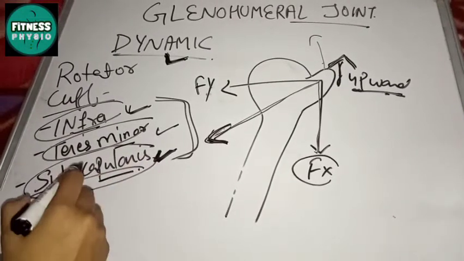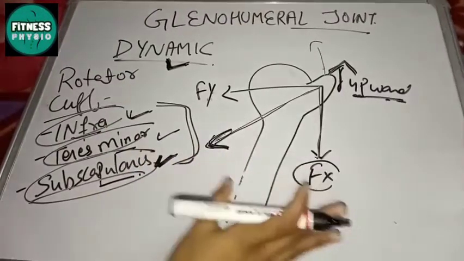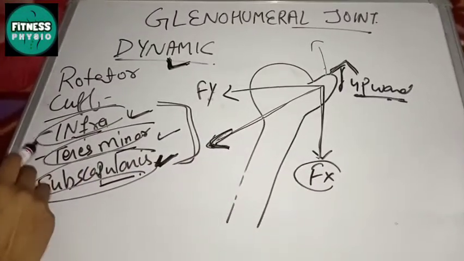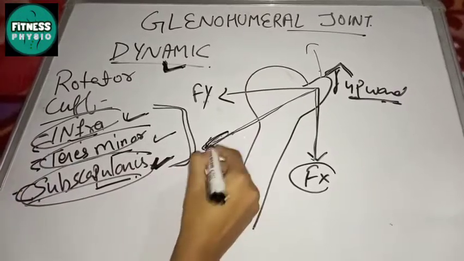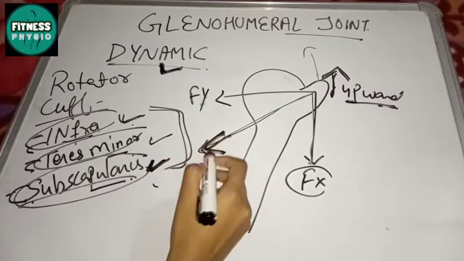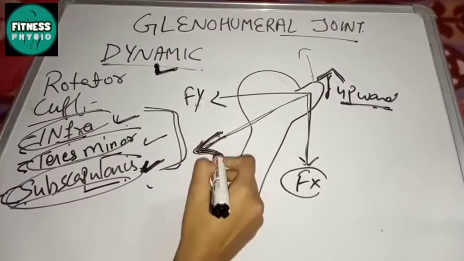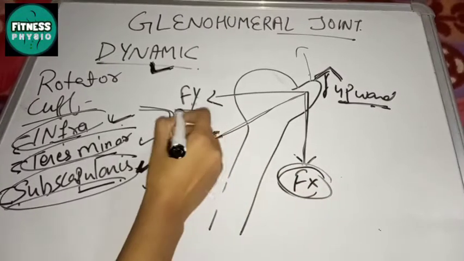I have not included supraspinatus because we will see it individually. So we have only considered infraspinatus, teres minor and subscapularis in this. This is the resultant of these three muscles. We have divided this muscle resultant into two components, fx and fy.